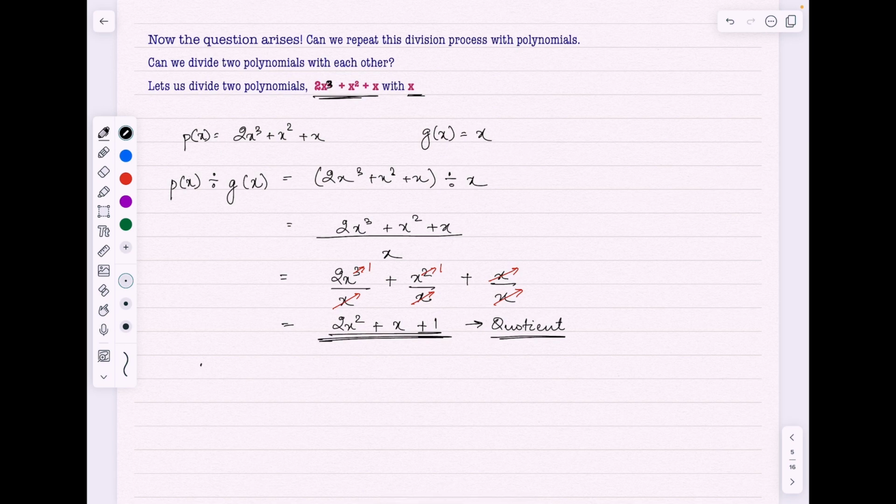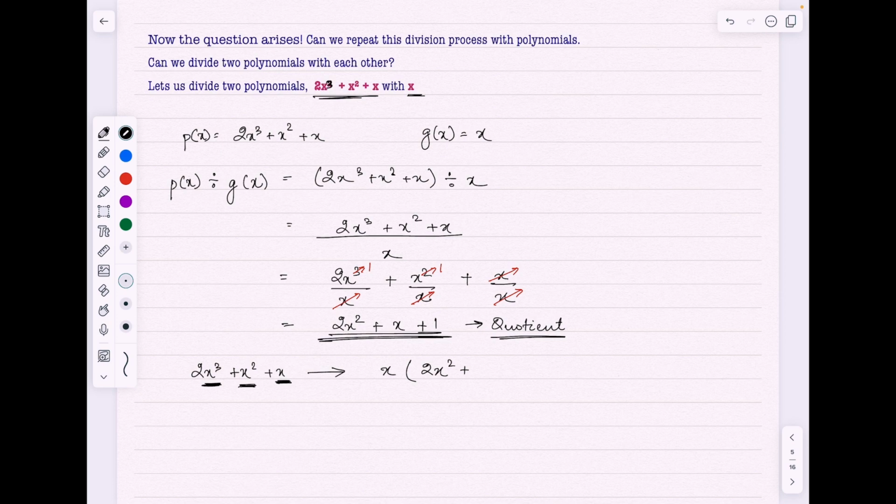See, 2x cube plus x square plus x can also be written as follows. x is present in every term. Here x square means x is present twice, x cube means x is present thrice. So minimum one x is there. I can take x common. So what am I left with? I am left with 2x square.